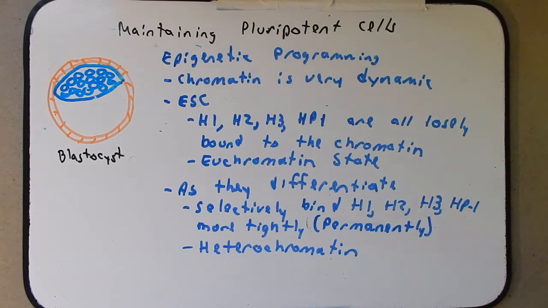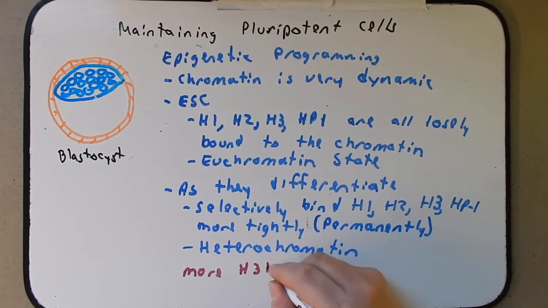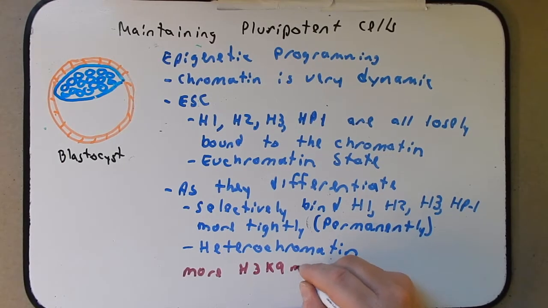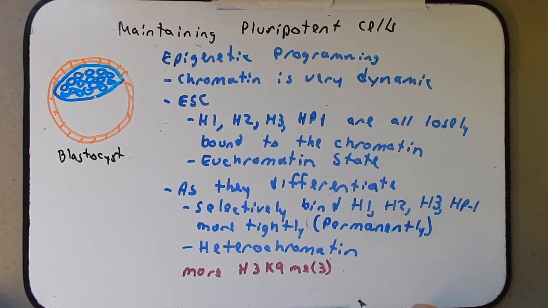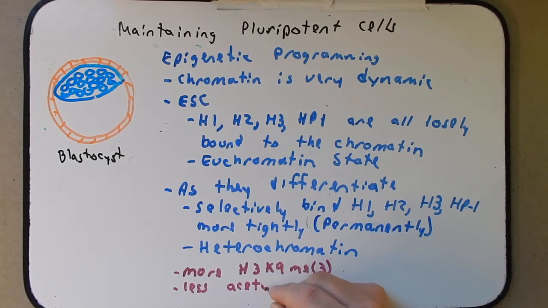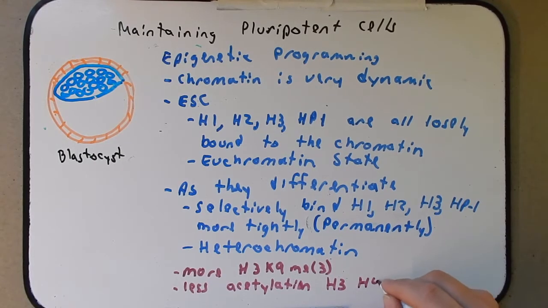So not surprisingly, as these cells become more differentiated, we see more H3K9 trimethylation, which signifies gene repression, and we see less acetylation of histone H3 and histone H4, which is also a sign of gene repression, and a sign of less euchromatin and more heterochromatin.